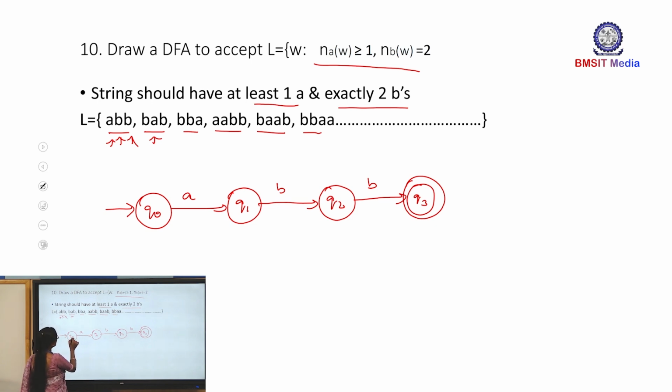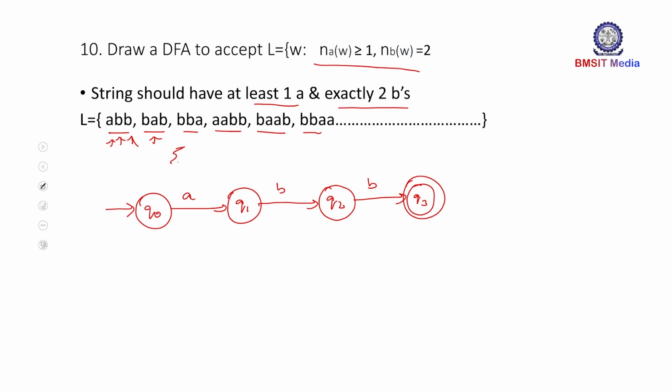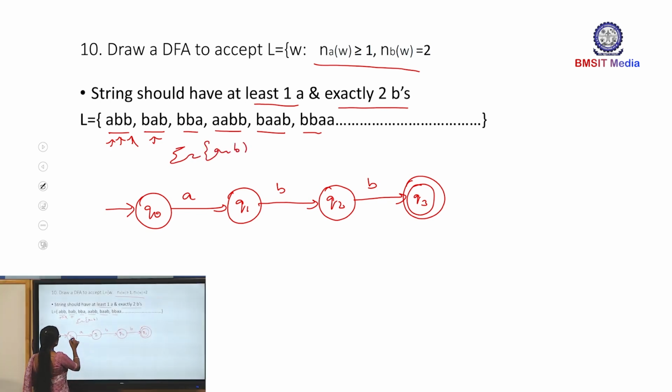In this case, the input symbols are A and B, so the alphabet is A and B. Suppose I am at Q0 and I see a B followed by ABB. In this case, you can see that we have more than 2 B's, so this is not a valid string.